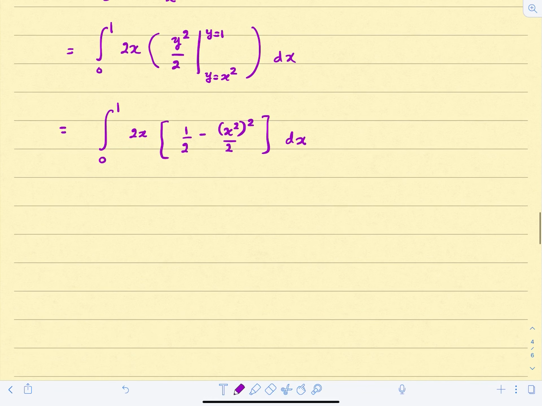Now if you simplify this, you will get 1 minus x to the power 4 times x. That's your new integrand. You can cancel this 2 with this 2.